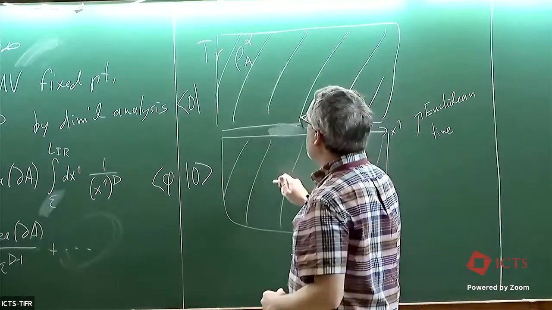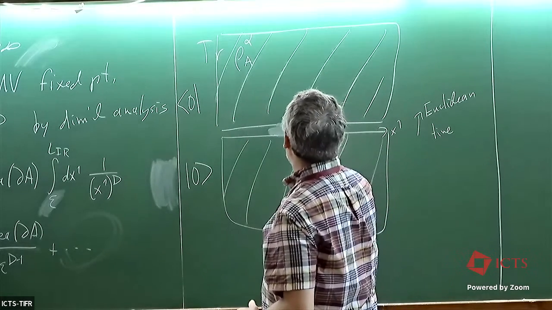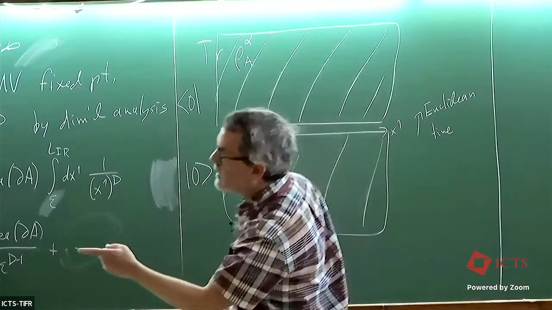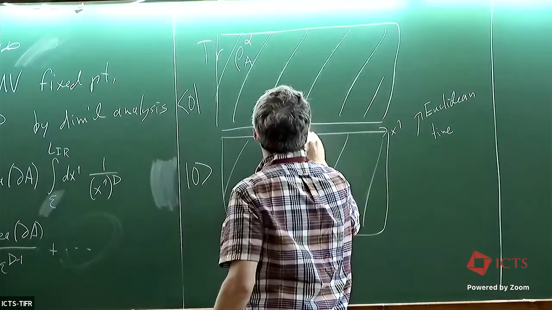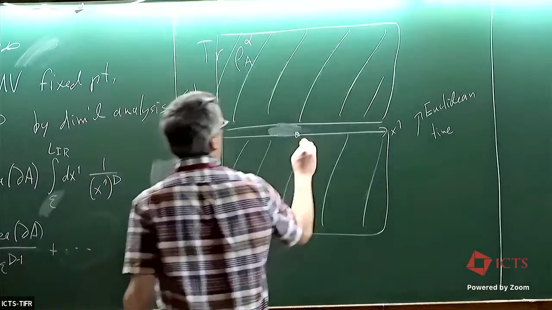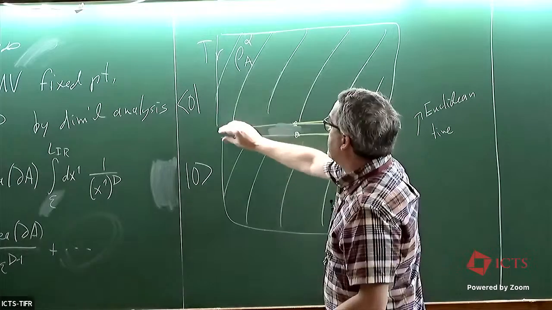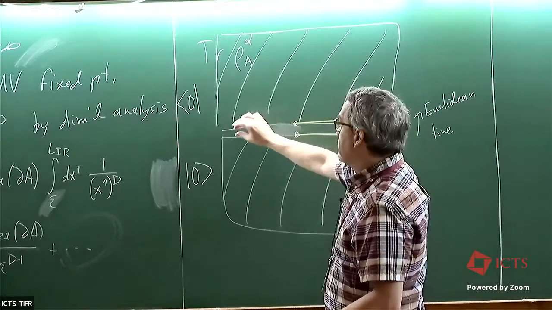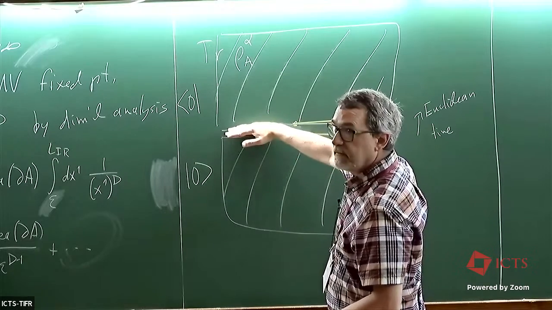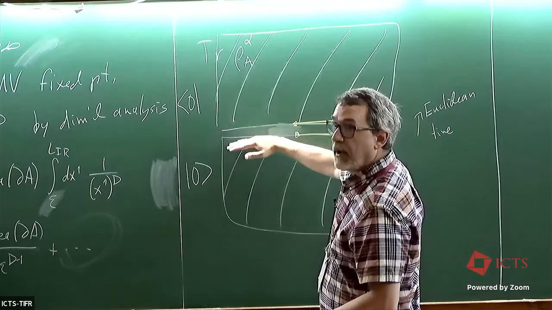And then you say, well, actually what I'm interested in is that only part of this space is A. So I have something like that, where this part is A, and you trace over the complement. To get rho sub A, you set this equal to this, and then integrate over all possible values.